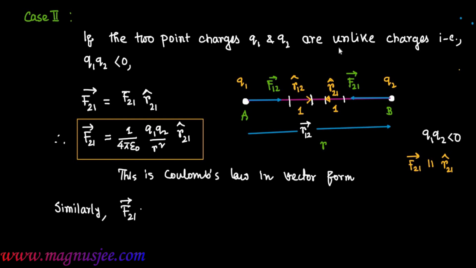Under case 2, similarly, vector F21 can be written as 1 by 4 pi epsilon 0 q1 q2 by r cube vector r21.